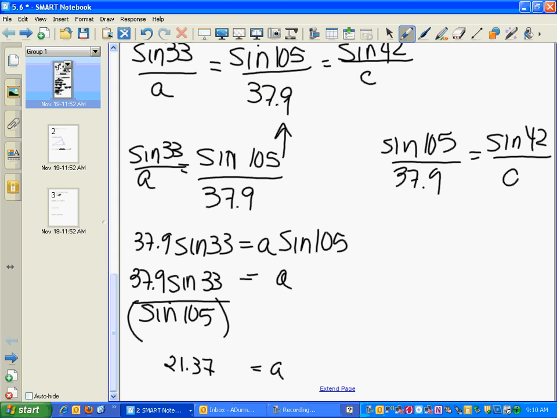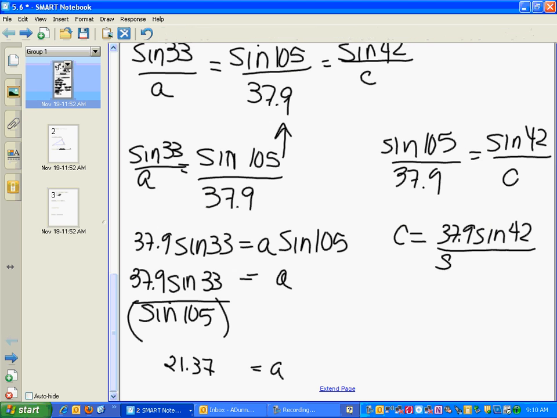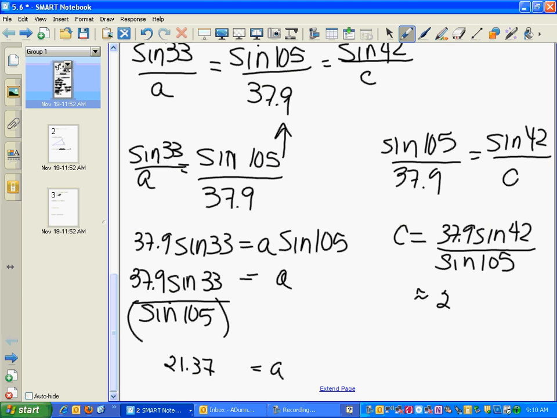Do all the steps and then plug it into your calculator. And so I got about 26.255.